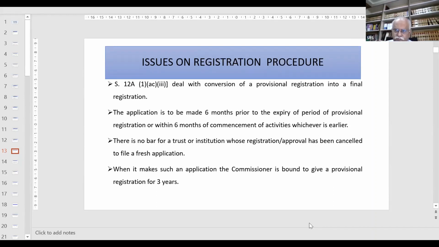So even if such an institution whose registration was cancelled makes an application, the provisional registration will be granted for a period of 3 years.